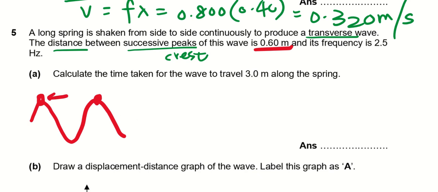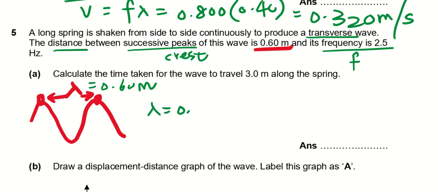The distance between successive peaks is actually your wavelength, and in this case, it is 0.60 meters. They also provide us the frequency. So our wavelength lambda is 0.60 meters.